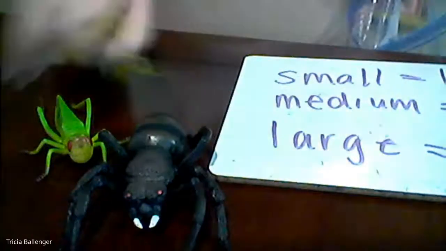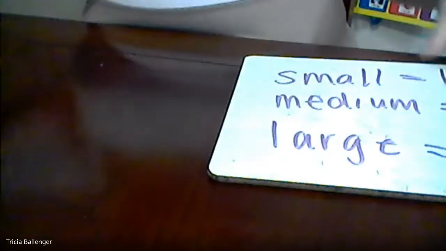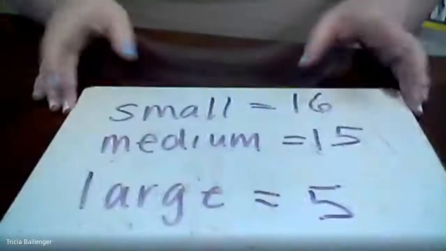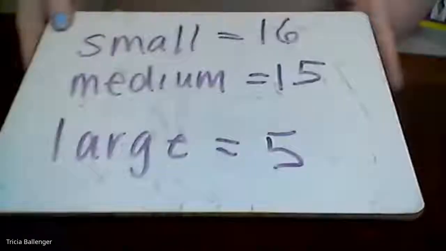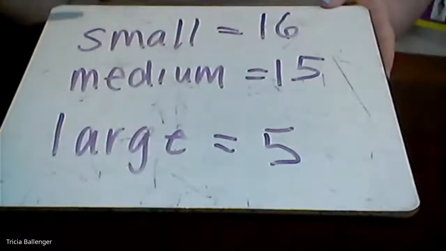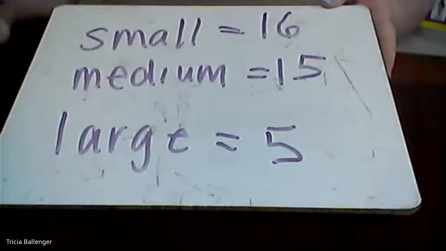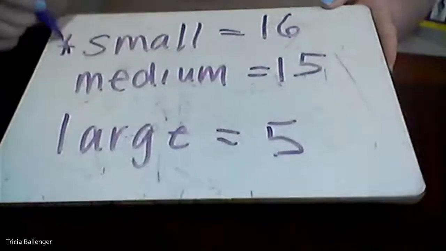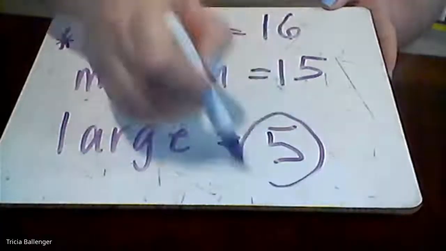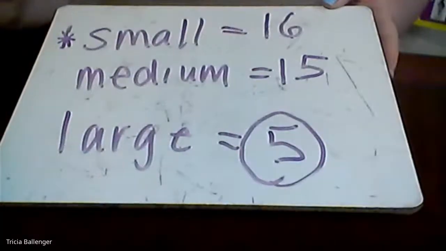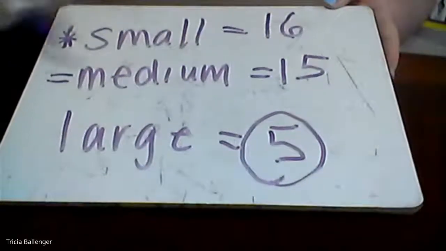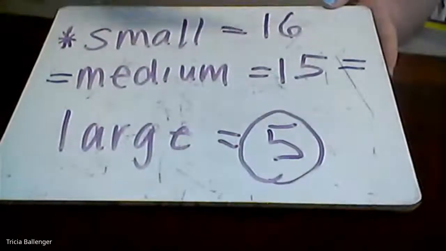We sorted them by size, but now we can compare how many. So we know that small is the greatest, and the large has the smallest, and medium is in the middle for both, huh?